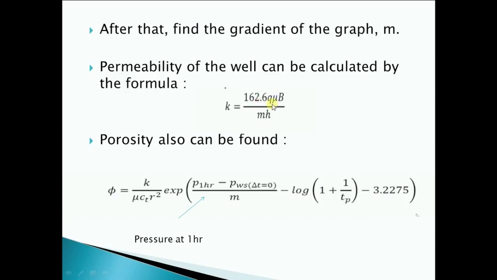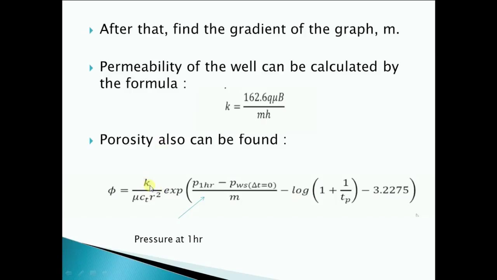162.6 times q, the flow rate, times mu, the viscosity, times B, the formation volume factor, over the gradient times h, the height of the well. Porosity can also be found by the formula given here, using the permeability we calculated above.